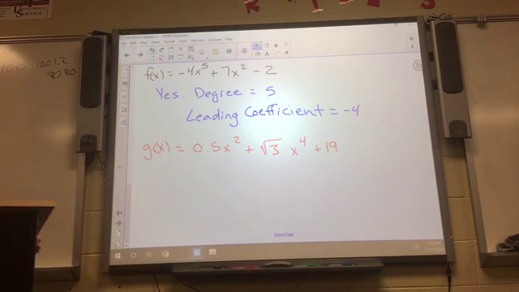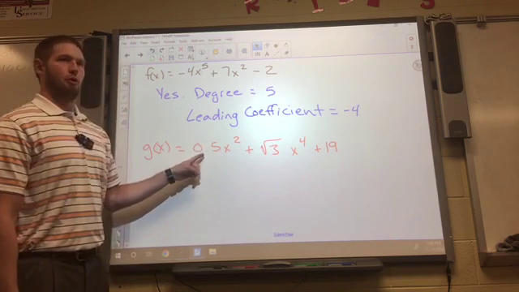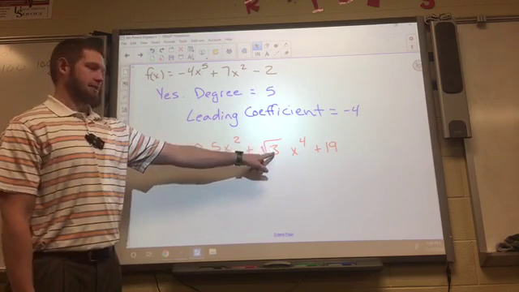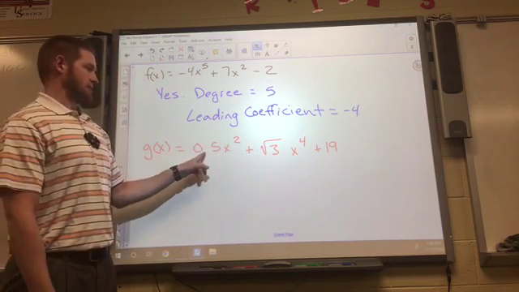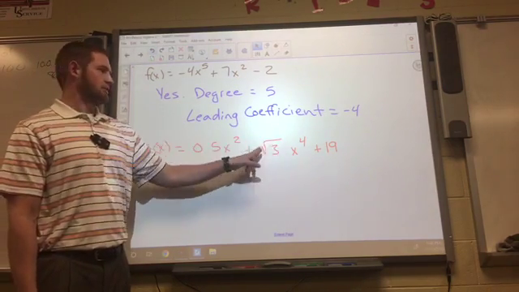Now, something like this always trips somebody up with that square root of 3, and they want to say that it's not a polynomial. But the square root of 3 really is no different than this 0.5, right? That's a decimal. Agreed? So is that. There's nothing wrong with that.